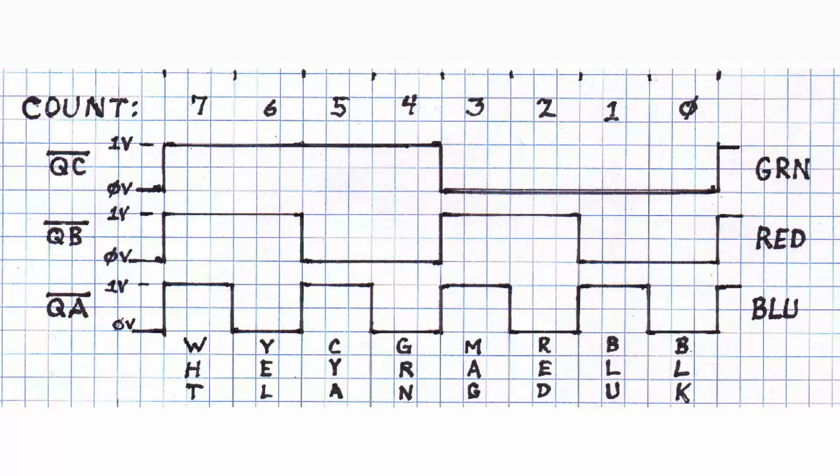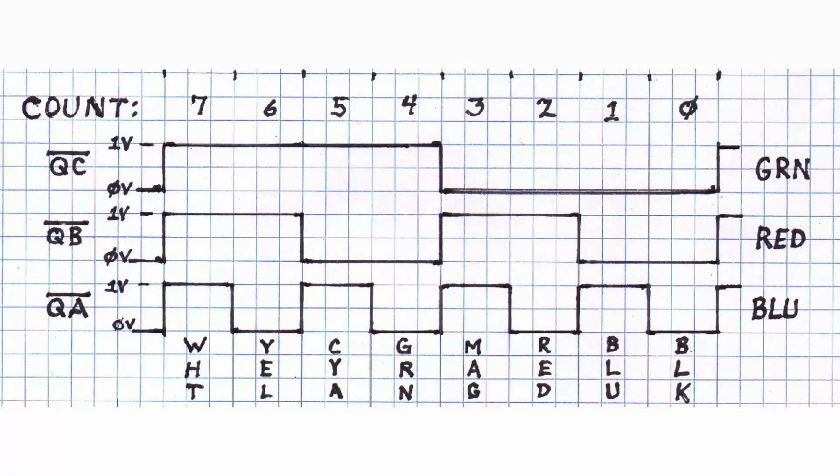For some reason, the industry generates the count in reverse, which is just arbitrary. We could mix these signals around. You could put the green square wave for the red, and you'll still get the same 8 bars, the difference being the order they appear in.